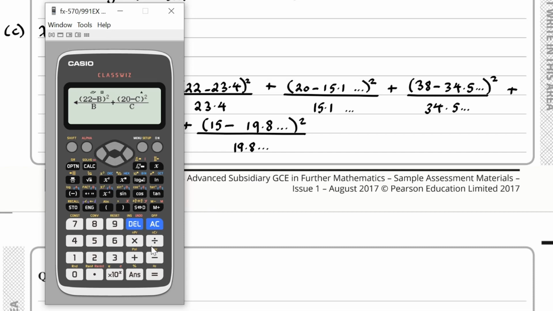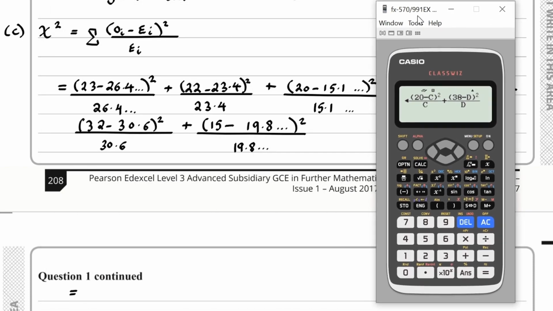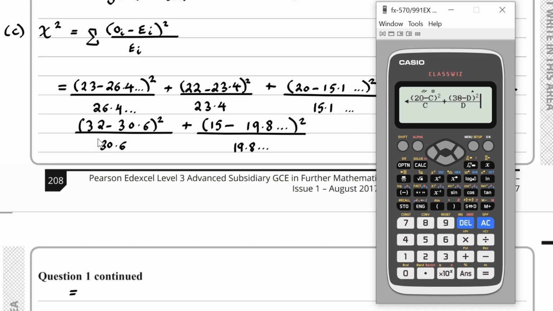For the next one, we have 38 minus d all squared over d. For the next one, 32 minus e all squared over e.